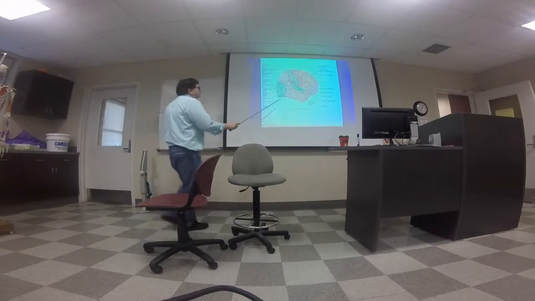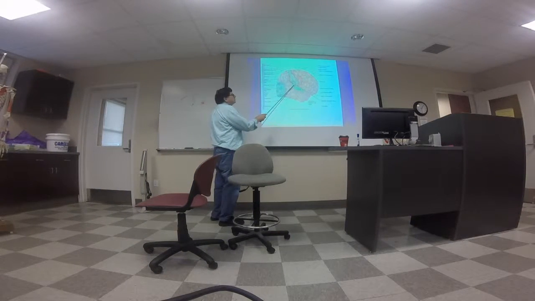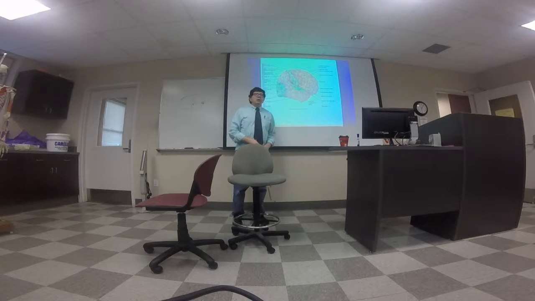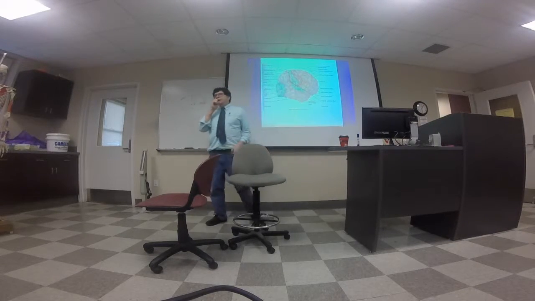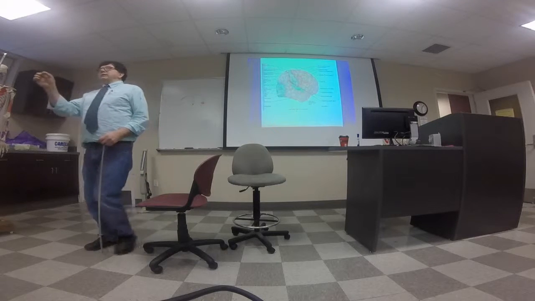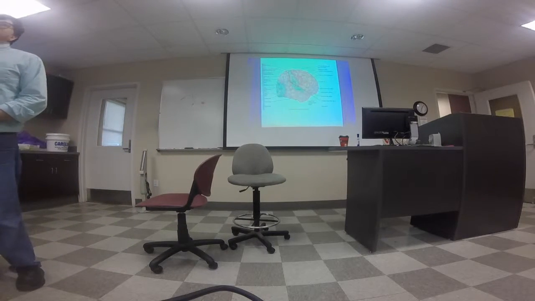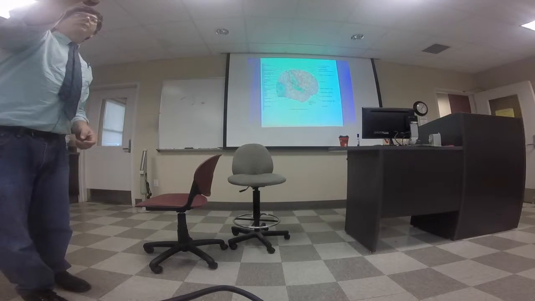As the primary auditory cortex receives impulses for sound, that information is relayed to Wernicke's area, which compares that incoming signal to signals in the past associated with that sound, so that it can give meaning to those sounds. So every time I hear the sound Victoria, I associate it with that person right there.